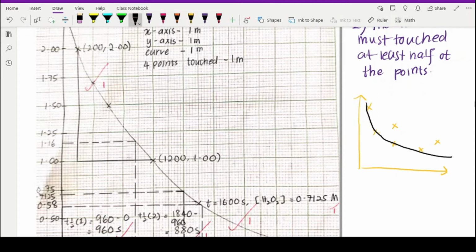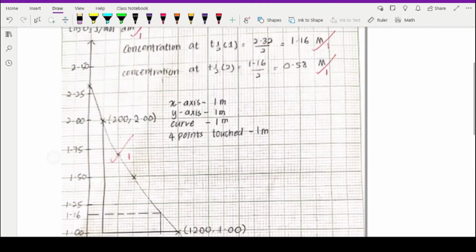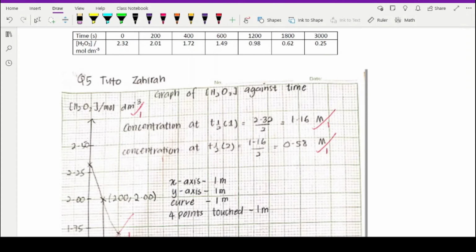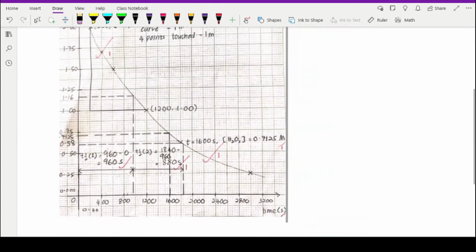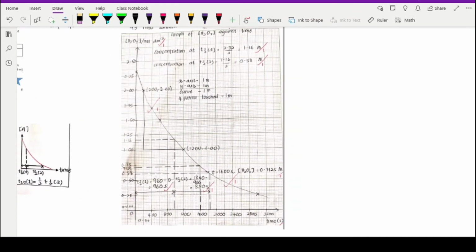So I'll start with the x-axis of 400 going to 3,200, and my y-axis going from 0 to 2.50. So look at my graph. Okay, I'll make it smaller. The graph is more than half of the page, so this is accepted in PSPM.